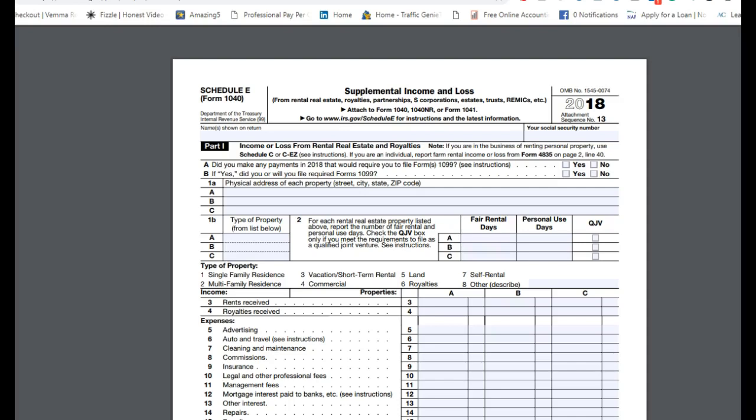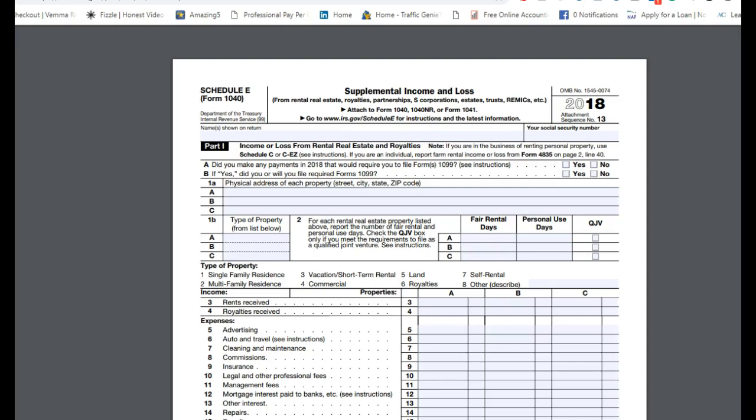And so the most common elements of Schedule E will be rental income, and the next one will be the profit and loss from partnerships or S corporations that pass through to the 1040 line 17.